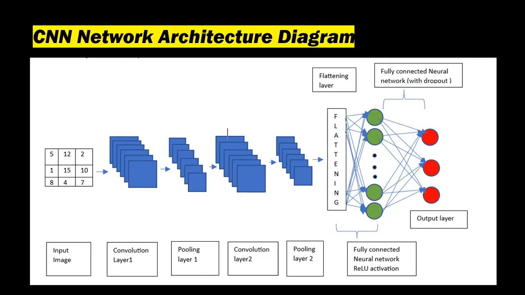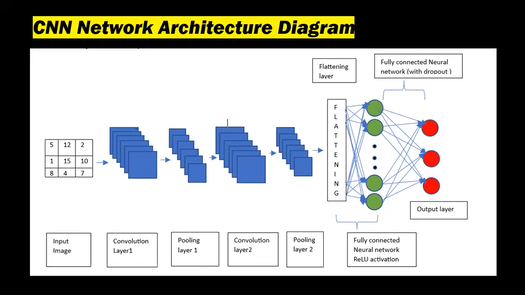After that we'll have the activation functions. These activation functions are used to learn and approximate any kind of continuous and complex relationships. After that, we'll have the output layer where we will get the output, whether it's classification or anything. So this is the information about all those layers and what they perform.